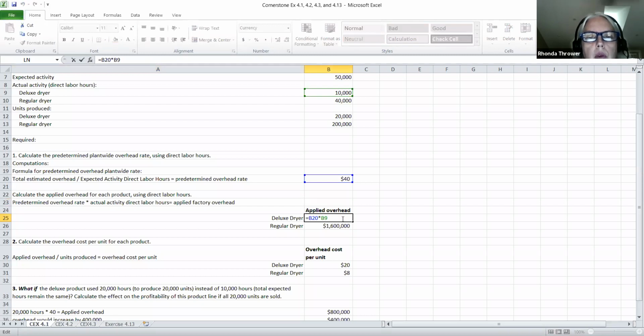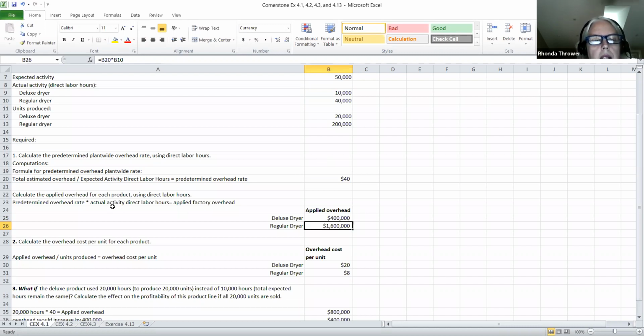The way we're getting this is we're taking cell address B20, which was the actual activity in direct labor hours, and multiplying it by the predetermined factory overhead rate. So again, it's the predetermined factory overhead rate times the actual activity of direct labor hours for the deluxe dryer. That's how they got the 400,000 for the deluxe dryer.